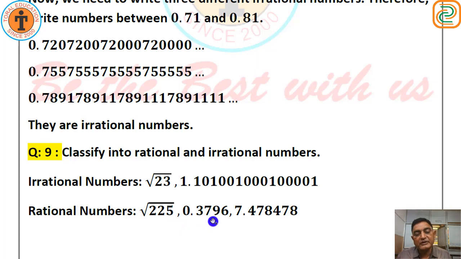0.3796, this is a terminating decimal, it is also a rational number. 7.478478, this is also a rational number because it is a terminating decimal. 78, non-terminating but recurring decimal, here there should be dots.